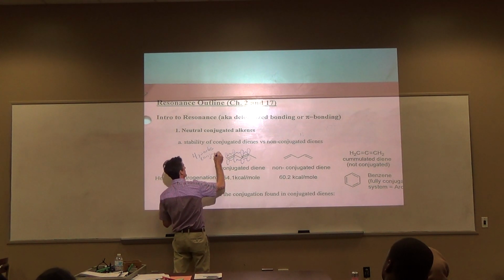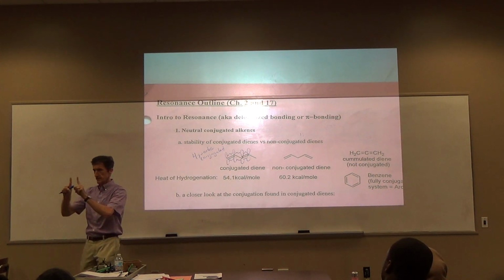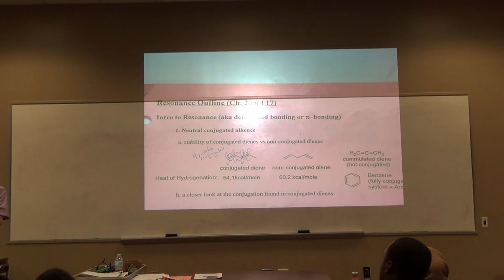That's how we can describe this. 4 are all lined up, and all 4 are overlapping. But the original Lewis structure, before I wrote on it, doesn't really show that. Anytime you have resonance and conjugation, a simple Lewis structure becomes deficient. It doesn't show this. You've got to just know it's there.